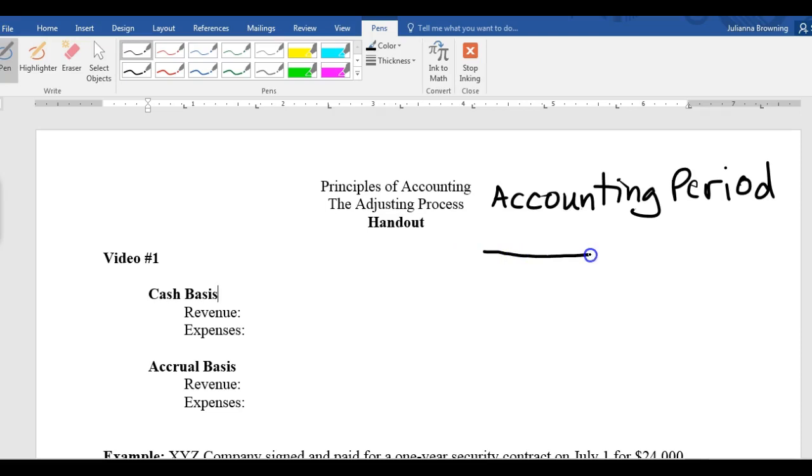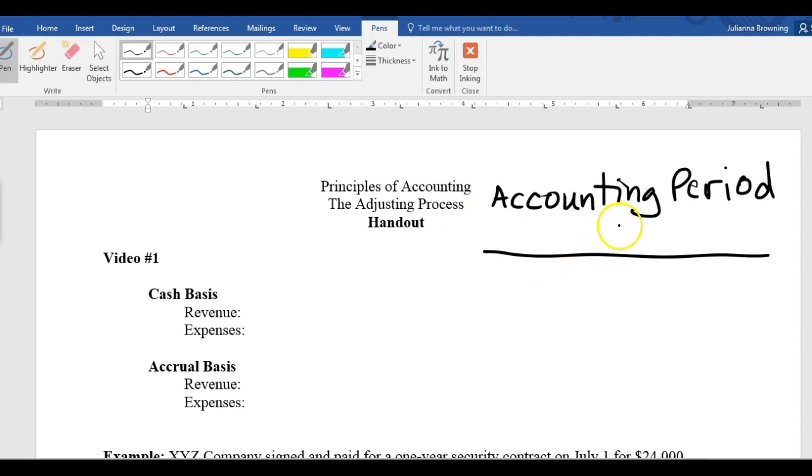So if we think about time as a continuum or as a line, basically it just goes on indefinitely and there are no breaks or stops in it. But when we're talking about accounting, we need to be able to segment our accounting transactions into certain periods of time.